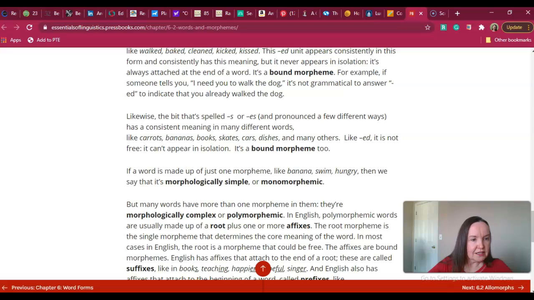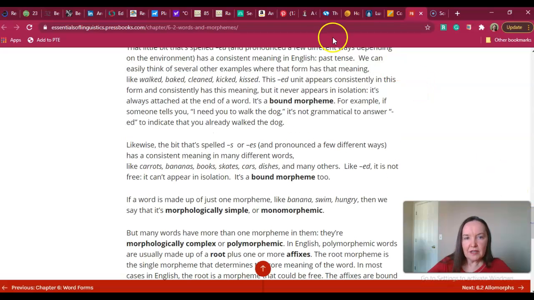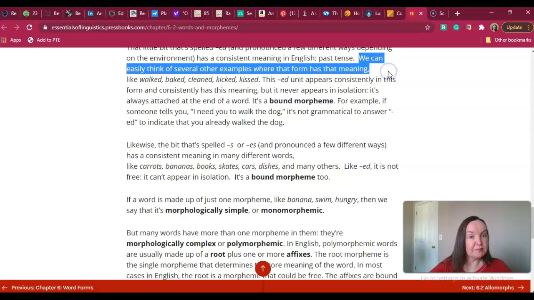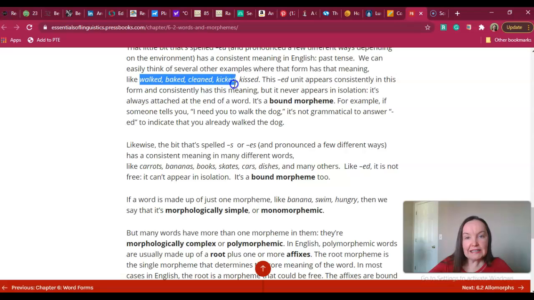As I already mentioned, we can think of several other examples where that form has meaning, the ed form. I've already told you about the example of children who realize this at a very young age. So walked, baked, cleaned, kicked, kissed. Ed appears consistently in this form, and it always has the same meaning, but it never appears in isolation.